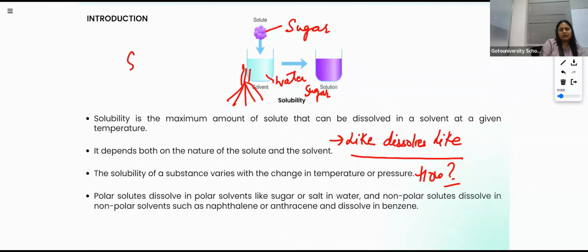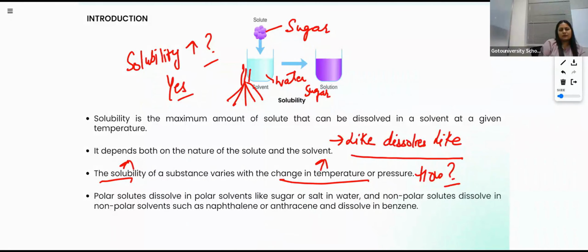The solubility rate increases or no? Tell me. Solubility increases or no? Yes, it will increase, right? So with the increase in temperature, the solubility increases. All right. So solubility varies with the change in temperature, right?